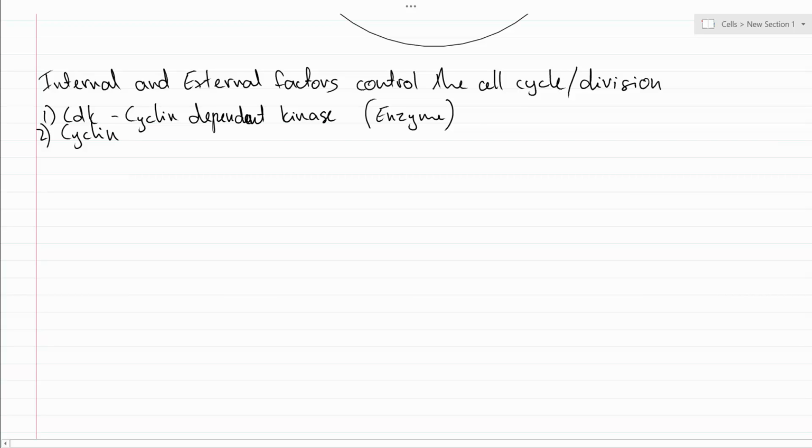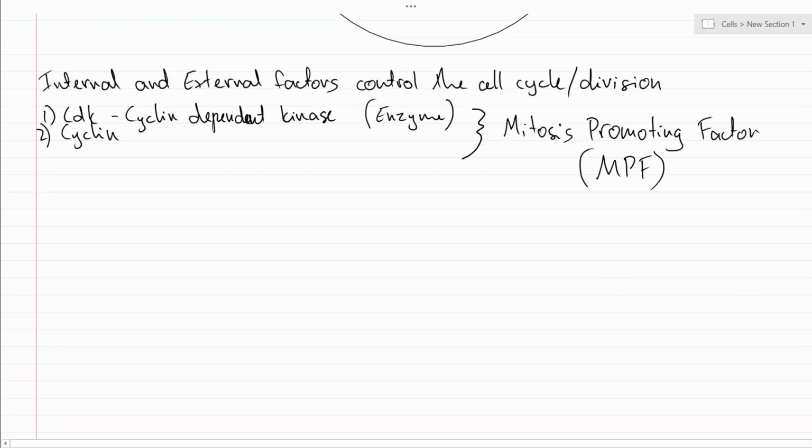These two things go together to create mitosis promoting factor, or MPF for short. In order for mitosis to take place, the cell needs to synthesize a whole bunch of this MPF, which is going to promote mitosis taking place.